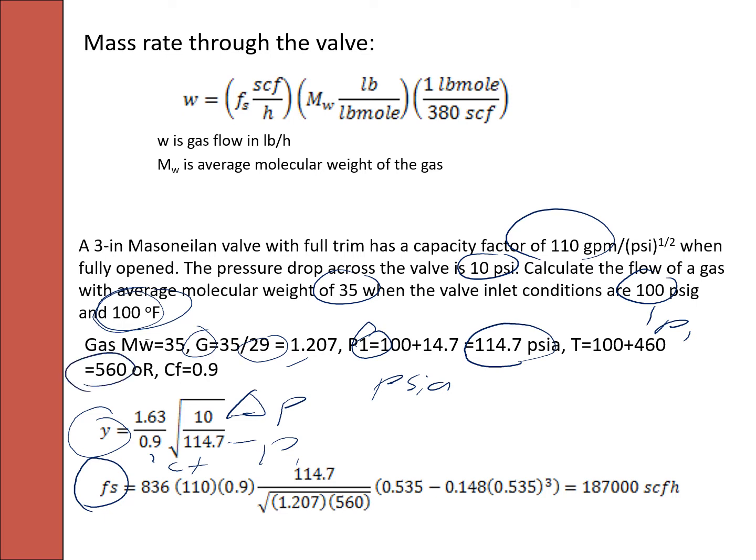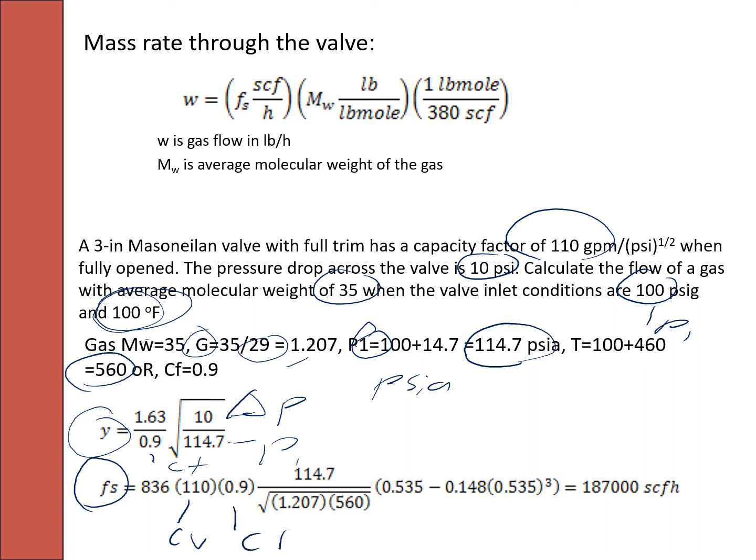After you get the value of Y, you can substitute all the unknowns inside the Fs. This one is CV, and you may check back the formula inside the previous slide.